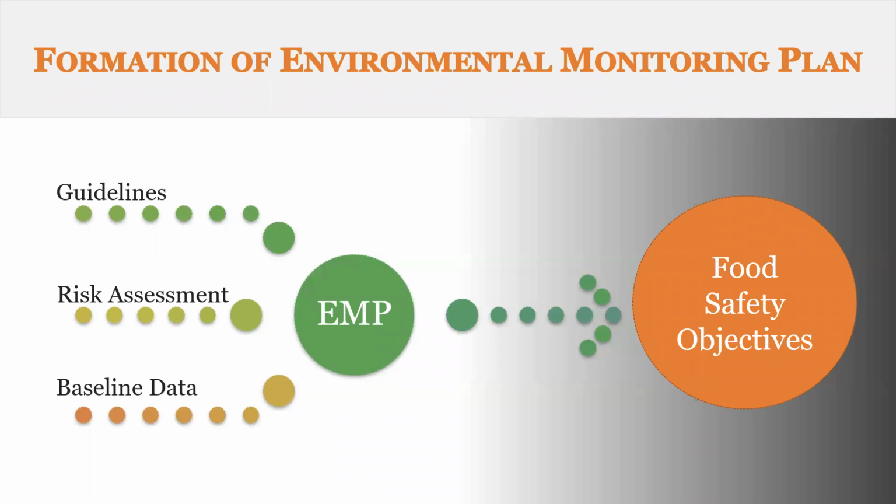It is the easiest thing to do and a low-cost effort to understand your environment. Hopefully, your EMP is developed by following the guidelines, assessing the risk of contamination, and understanding the results of baseline data. A well-developed EMP should meet your overall food safety objectives.